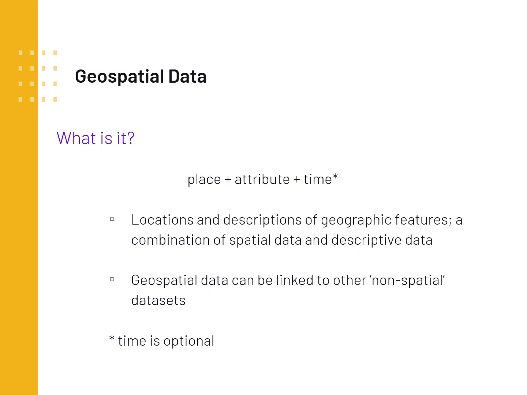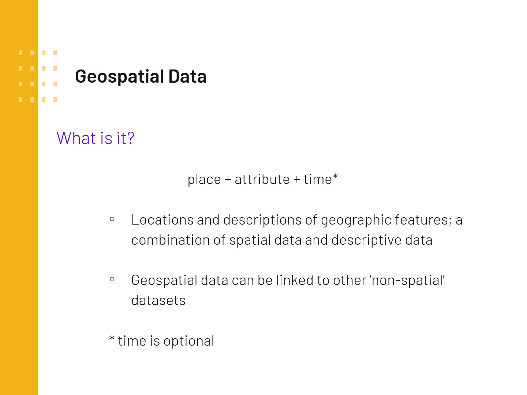This can be a wide range of things. Could be physical data, could be environmental, could be social or economic. And remember, it can come from a wide range of levels of measurement. So it can be nominal, it can be ordinal, interval, or ratio.